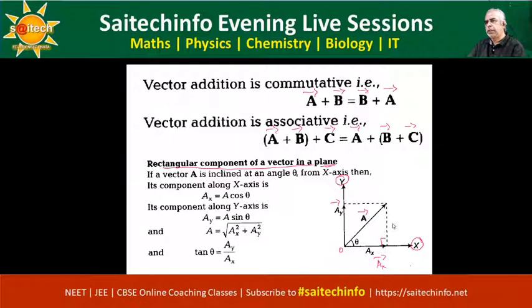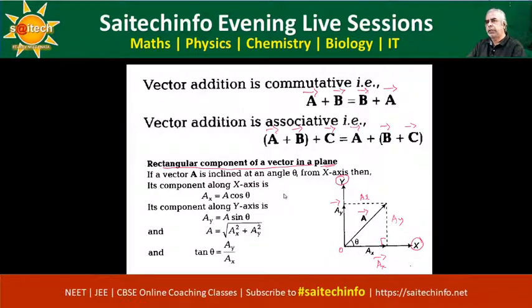This is Ay, and this is parallel here, so this is Ax, the magnitude. Cos theta is nothing but adjacent by hypotenuse. Therefore, Ax by A.